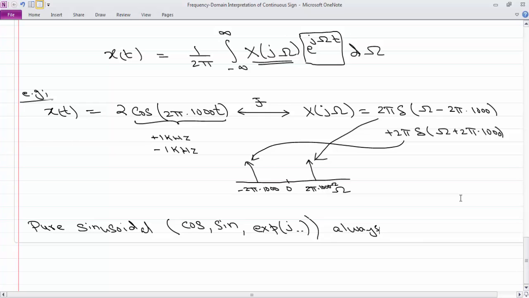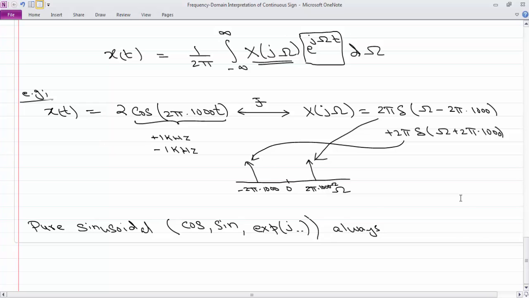Now why does this cosine give us two impulses? The intuitive way of thinking of this is using Euler's identity, where a cosine with 1 kilohertz is effectively made up of a positive 1 kilohertz frequency and a minus 1 kilohertz frequency.